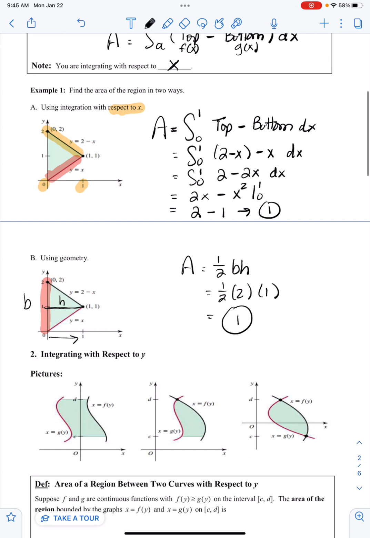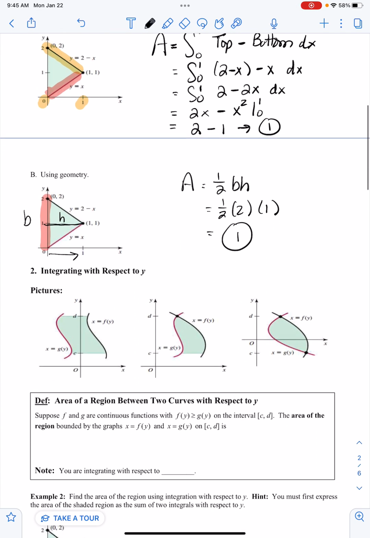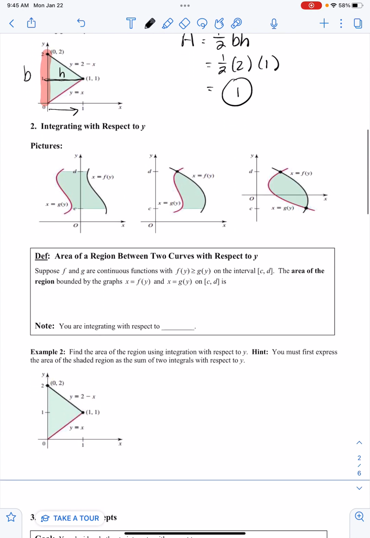All right, so that's what integrating with respect to x is going to look like. So let's also take a look at what integrating with respect to y is going to look like. Instead of going top to bottom, when you integrate with respect to y, you're going to think about right to left.